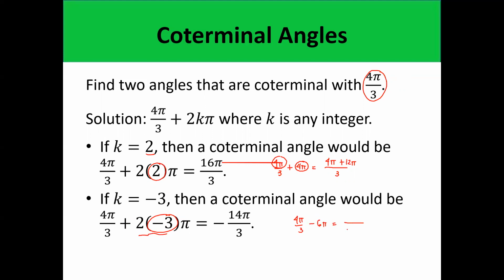Combining these two, again, 3 is the LCD. So 3 over 3 is 1 times 4 pi is 4 pi. And then 3 times negative 6 pi will be negative 18 pi. Simplifying the numerator, 4 pi minus 18 pi is negative 14 pi, and then we have over 3. So this one is another coterminal angle to 4 pi over 3.